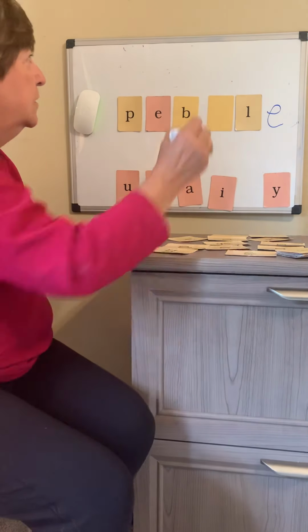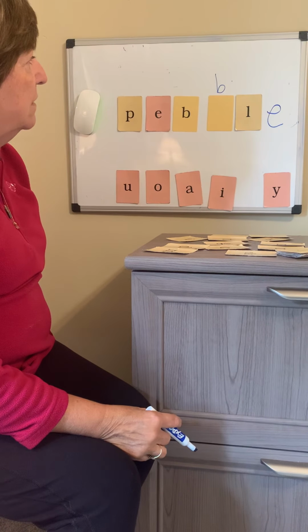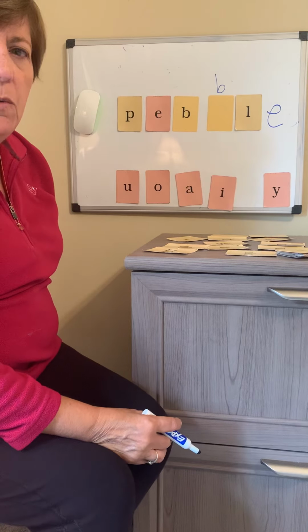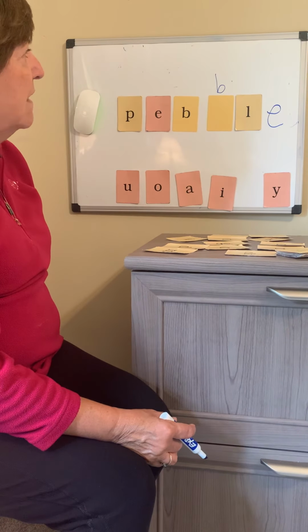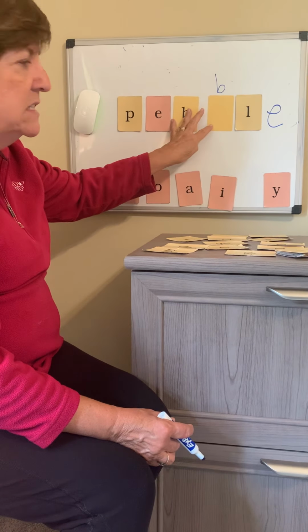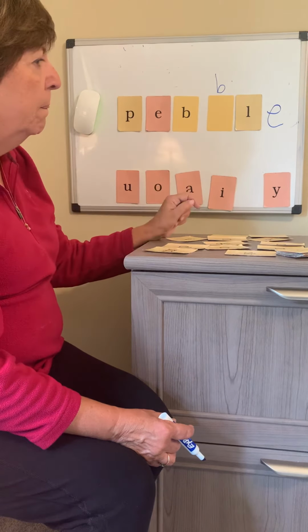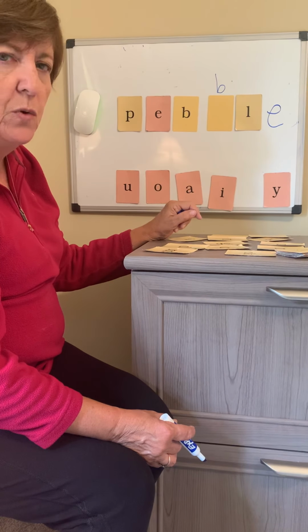Pebble. Let's remind ourselves that that's a B. Pebble. We're not going to mark every one of these. I just want you to practice spelling them. Hearing the short vowel, knowing there has to be two consonants there, one for this syllable and one for this syllable. Let's try one that doesn't have a short vowel.